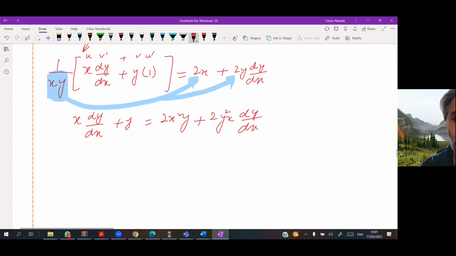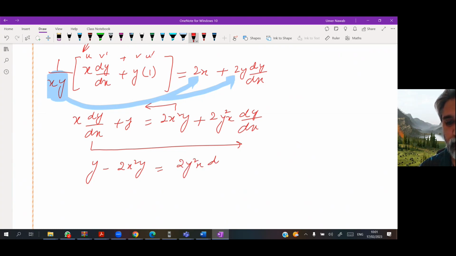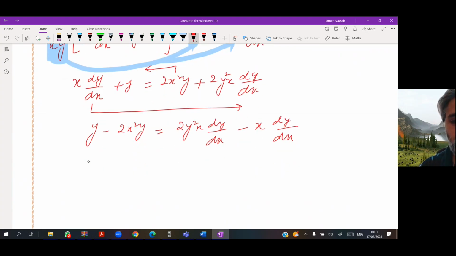Now I need to combine all the dy by dx terms, send it to the right and send this one to the left. So y minus 2x squared y, and here is 2y squared x dy by dx minus x dy by dx. And then I'm taking y common, so 1 minus 2x squared. And here is 2y squared minus 1 times x dy by dx.